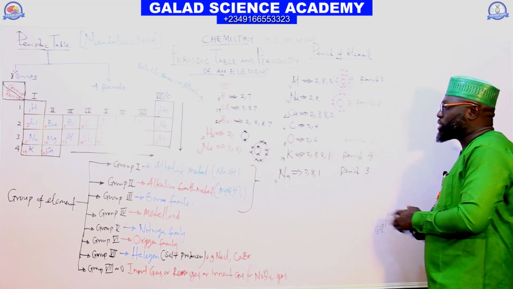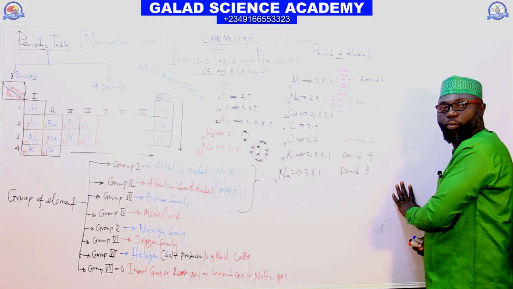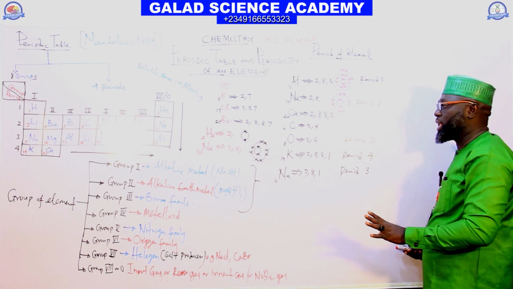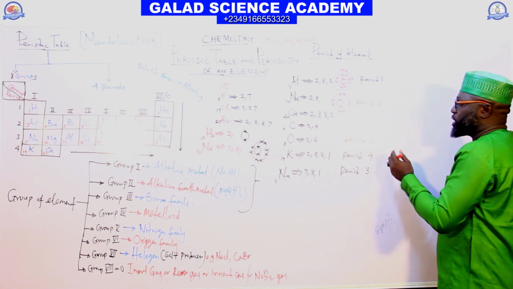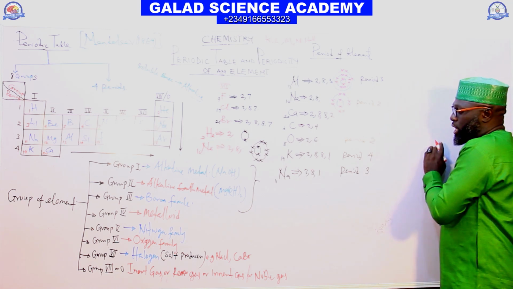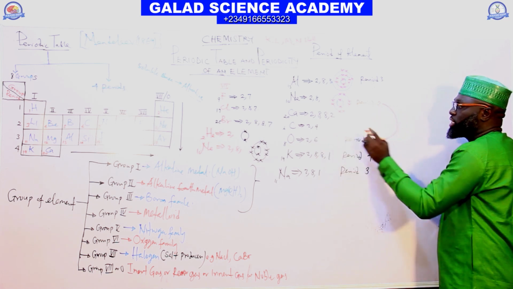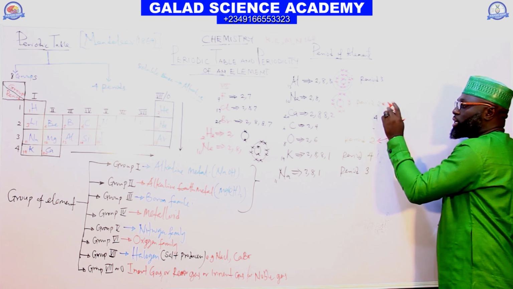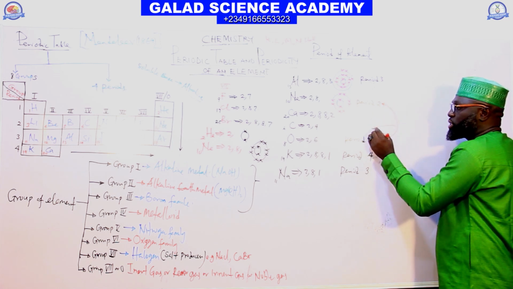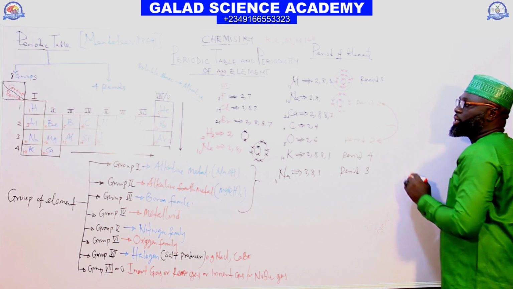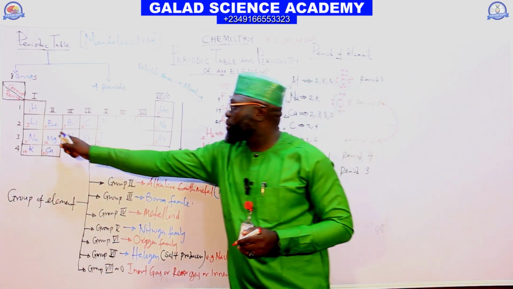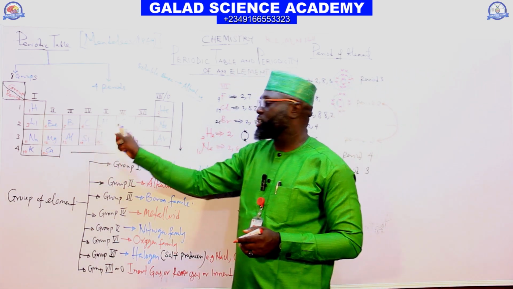So we can now say that elements of the same period must have the same number of shells. Period 2 are oxygen, neon, and carbon: carbon, nitrogen, oxygen.